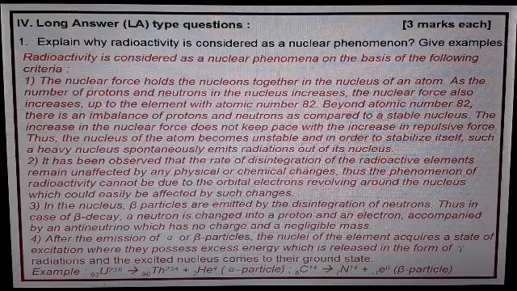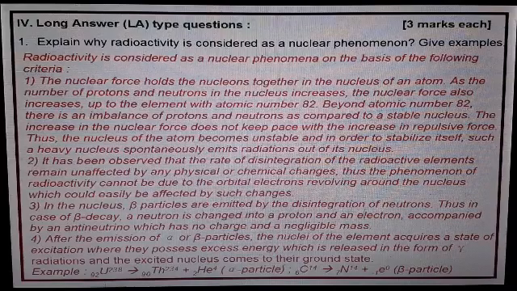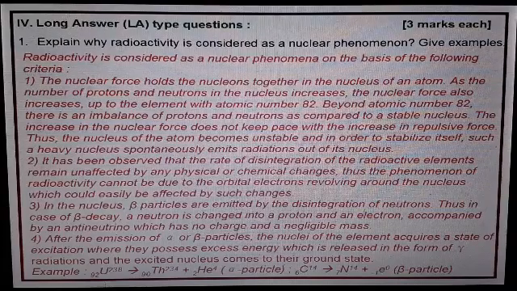What does the first criterion say? The nuclear force holds the nucleons together in the nucleus of an atom. As the number of protons and neutrons in the nucleus increases, the nuclear force also increases up to the element with atomic number 82. Till atomic number 82 this happens. Now beyond atomic number 82, there is an imbalance of protons and neutrons as compared to a stable nucleus.